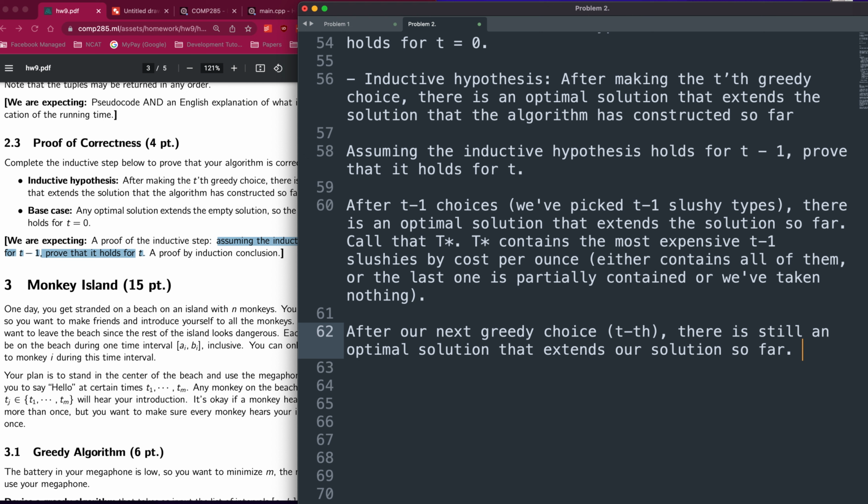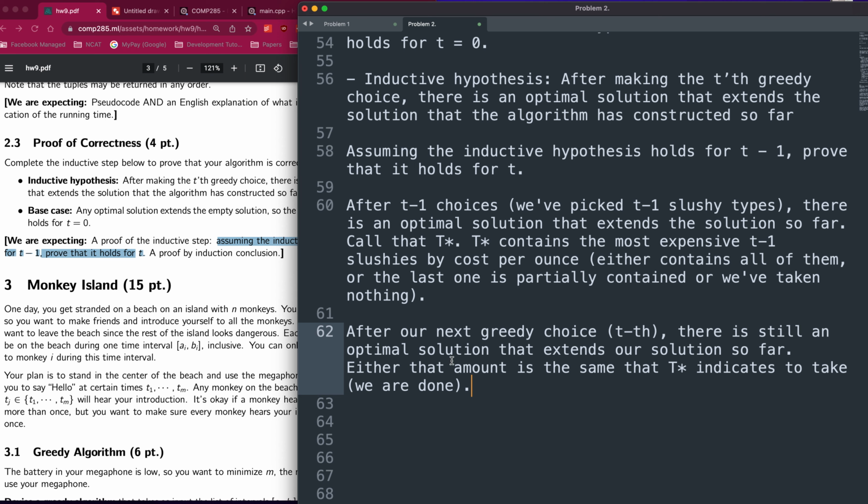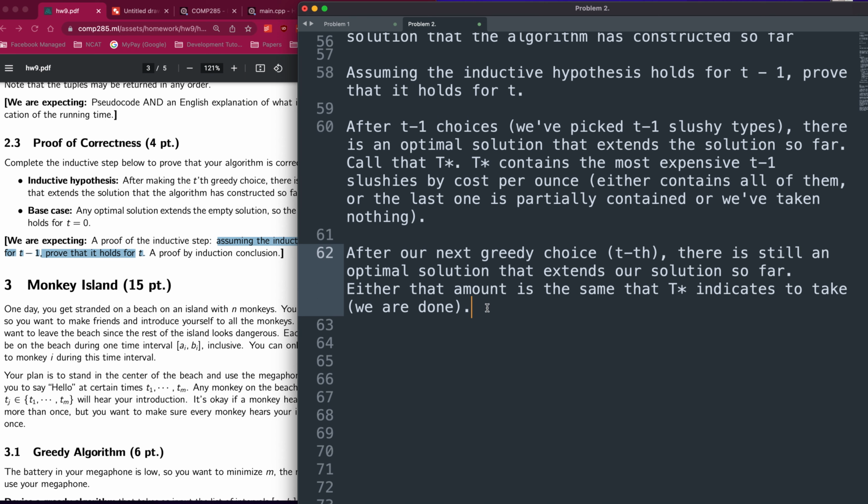There's two cases. Either that amount is the same that T star indicates to take, in which case we are done because T star is still an optimal solution. The other case, case 2, is the amount we want to take is different from the amount that T star says we should take.